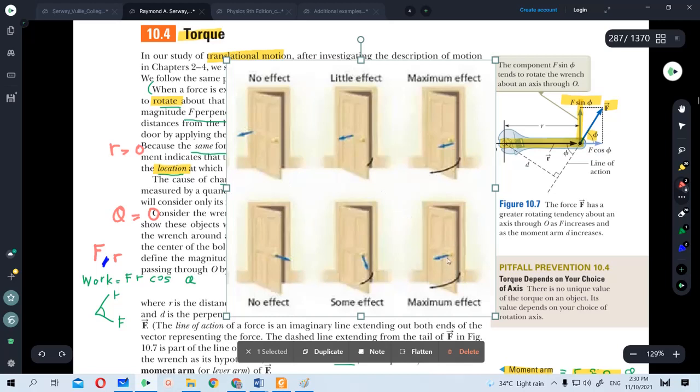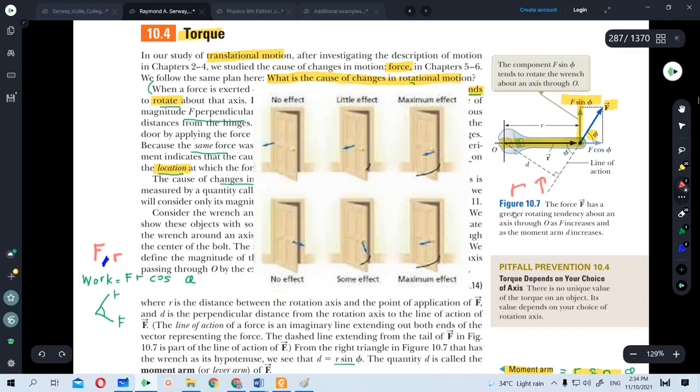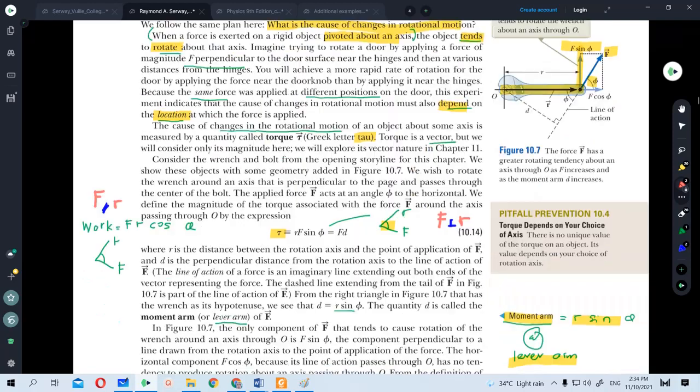And again, it makes sense that this one gives the maximum effect. Why? Because r is the largest possible. Now, there are two reasons for the maximum effect. So, aside from having the largest moment arm, what is the other answer? Think about it.